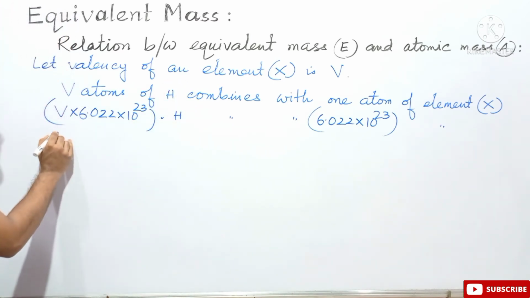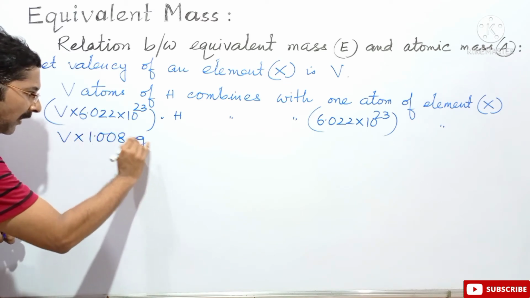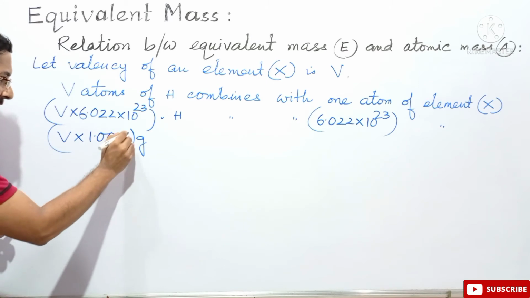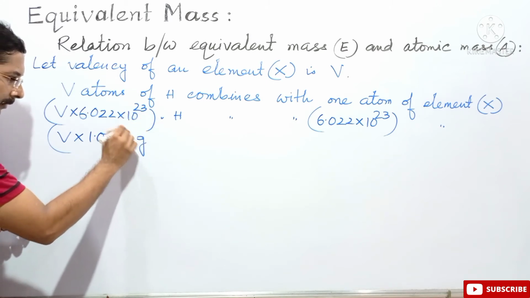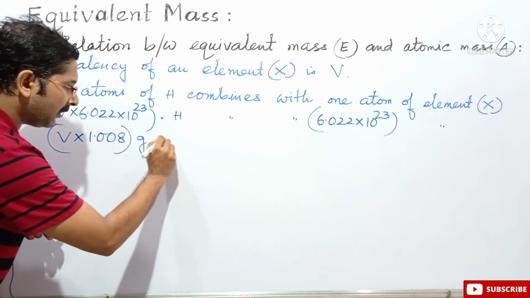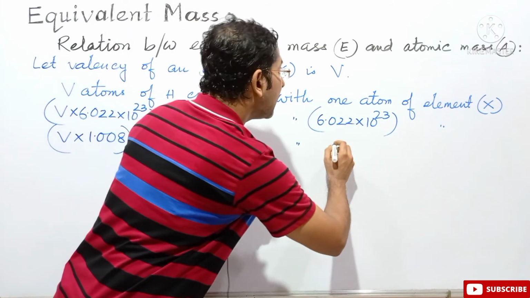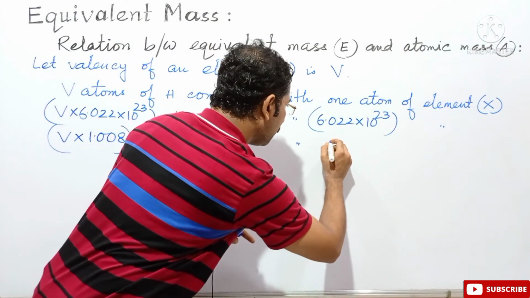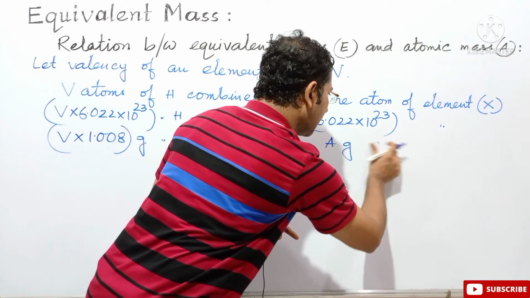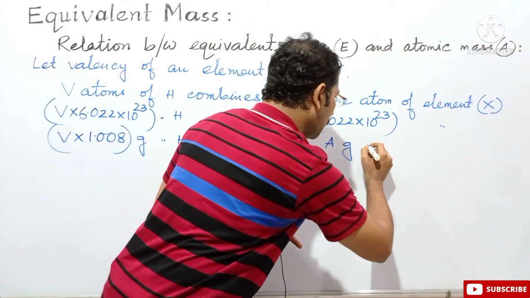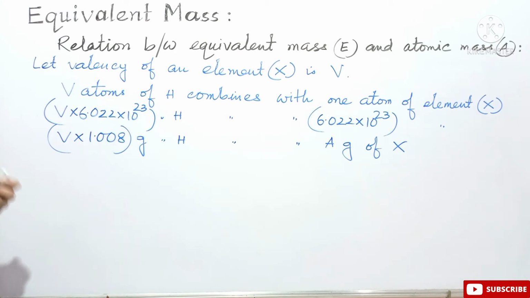So we can write V into 1.008 gram of hydrogen combines with, say A is the atomic mass of the element, so we can write A gram of X, isn't it?